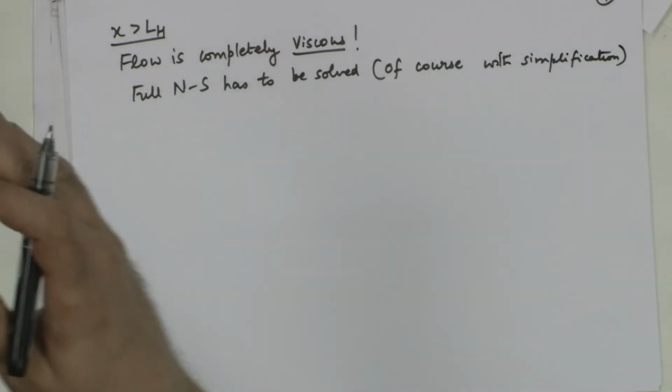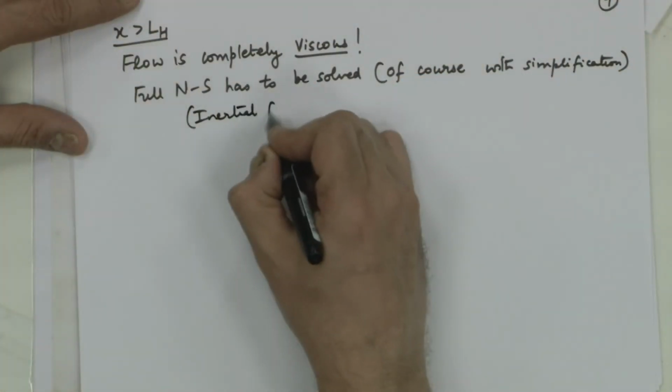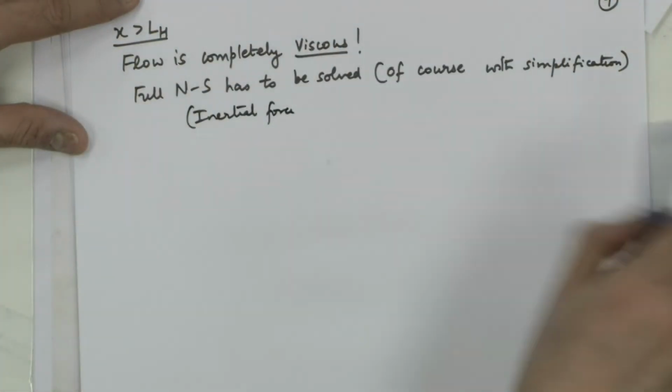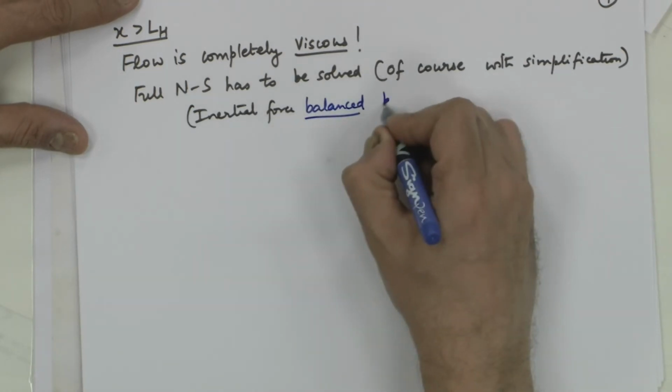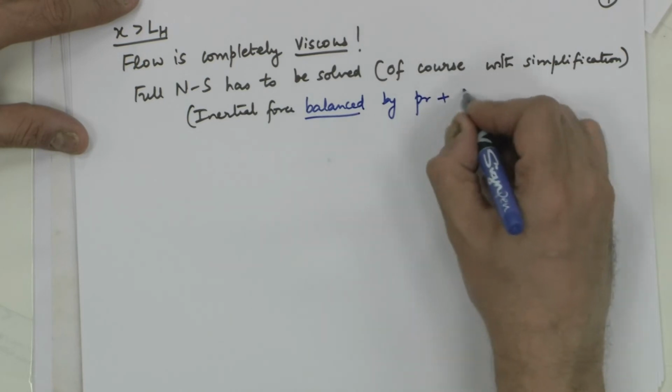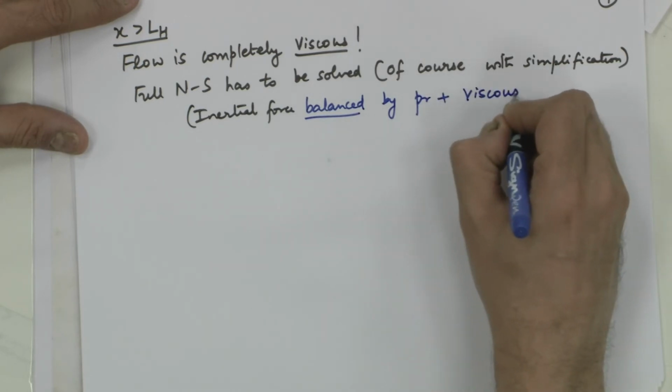You can make assumptions of steady, one dimensional, two dimensional, etc. Those can be done, but the nature of the equation would be both inertial, viscous and pressure forces. All three have to be taken into account. That is, inertial forces balanced by, this is the right way to put it, balanced by pressure plus viscous.